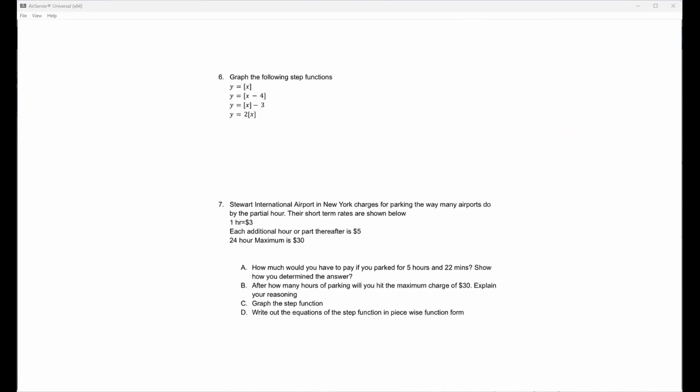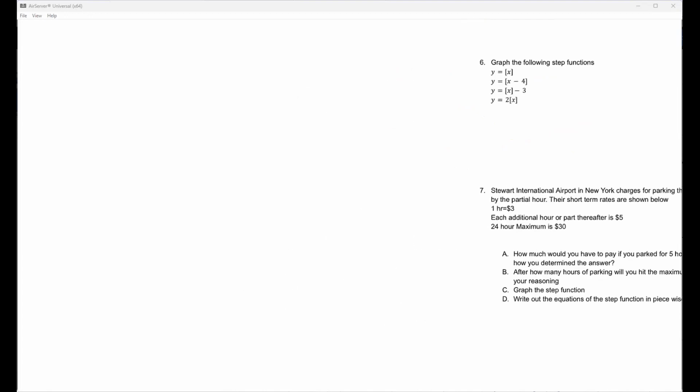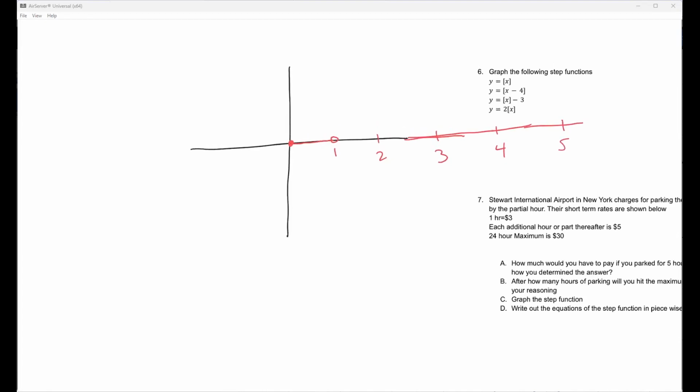Okay, step functions. Parents, always graph the parent first. The parent is right here. Graph it in red. The closed circle will be on the left, the open circle on the right. This is 1, this is 2, this is 3. I'll provide graph paper for you.